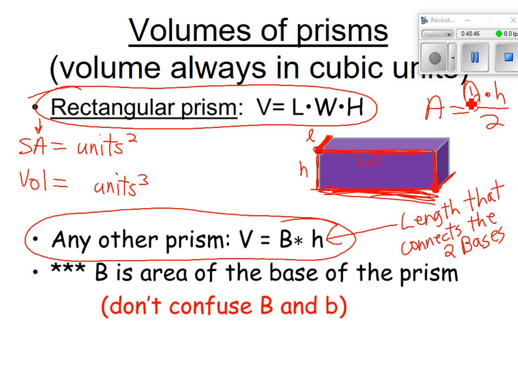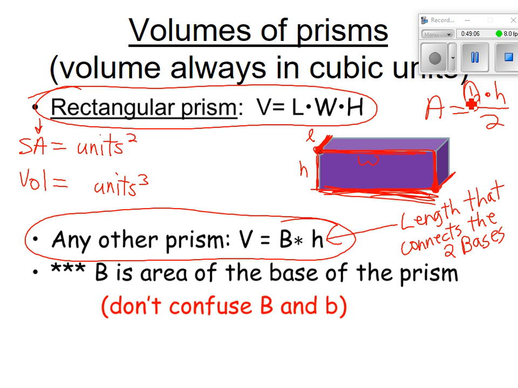As I look at each page, what shape is it? A rectangle. And what we're finding is how many of those rectangles it takes to fill up that whole rectangular prism.